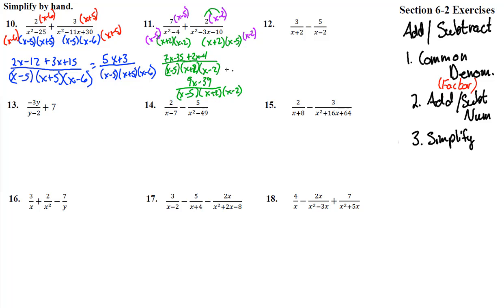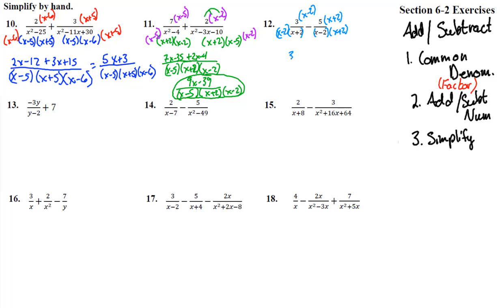Oh, that looks good. All right, number 12. This is, let me see, x plus 2, x minus 2. That's all we got. They're already factored as much as they can be, so we just have to multiply them by each other in this case. x minus 2 here, x minus 2 there, and over here, an x plus 2, and x plus 2.